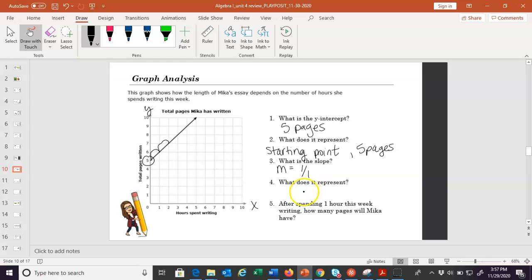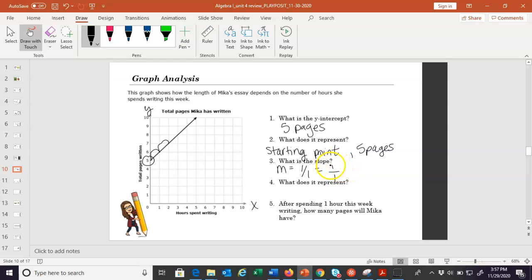But what does that really mean? This is where it gets cool, right? We're not just saying slope is 1. Well, okay, but that's boring. What does it mean in this scenario? The way I find this, if you ever get stuck on these, here's a really helpful tip. Go to the numbers and put labels on them.